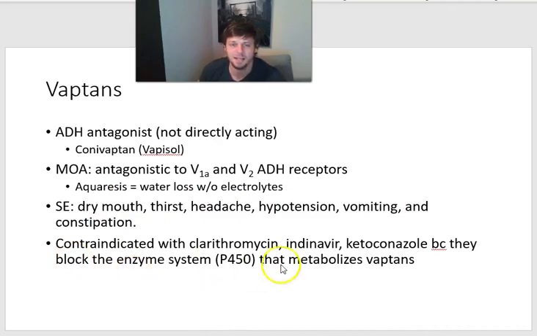Contraindicated with anything that blocks the P450 enzyme system. It's a pretty important enzyme in metabolizing drugs. And so stuff like clarithromycin, ketoconazole, because they all work in that same system, you can get too much of these drugs circulating in your body.